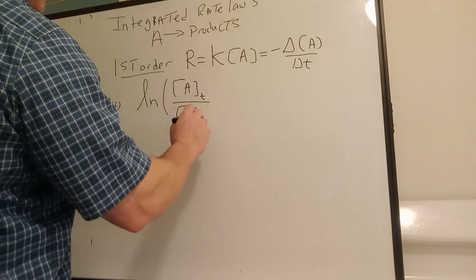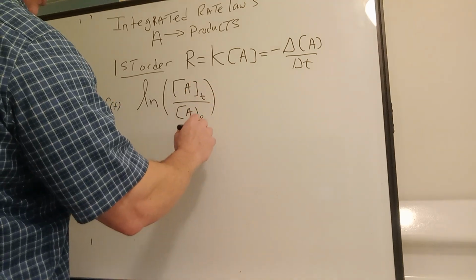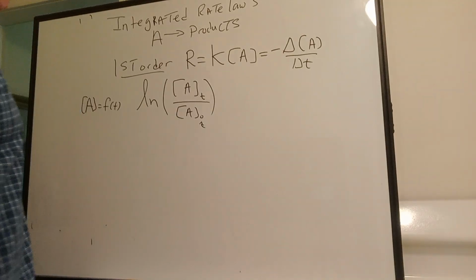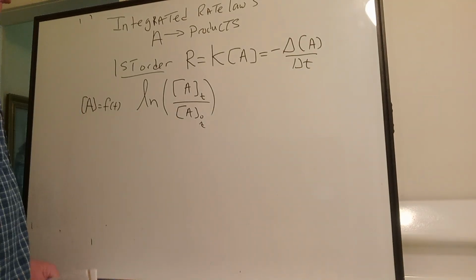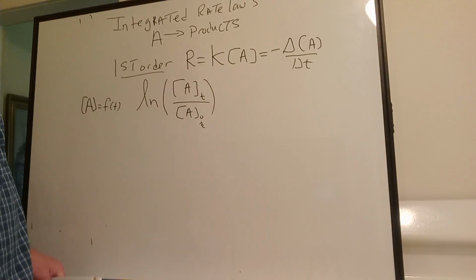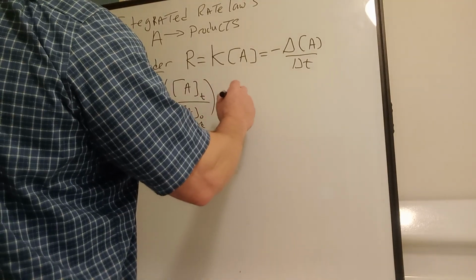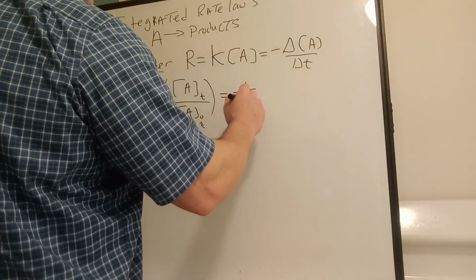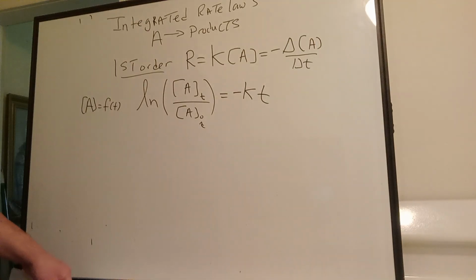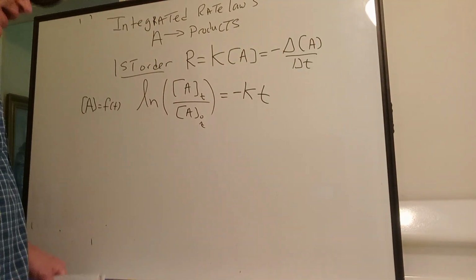And compared to A naught, the little zero symbol just represents that that's at the beginning of the reaction, which I'm always going to define as time equals 0. That just seems convenient. And so that's going to be equal to negative k, the rate constant, times time itself. That is one of the solutions of what we call an integrated rate law.